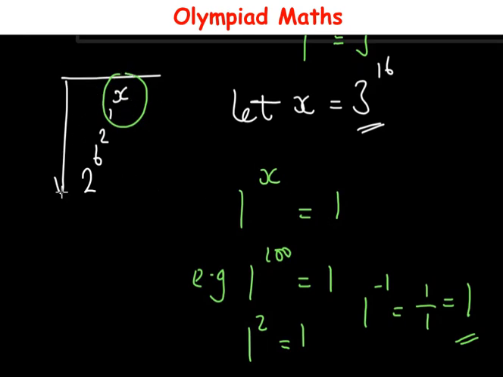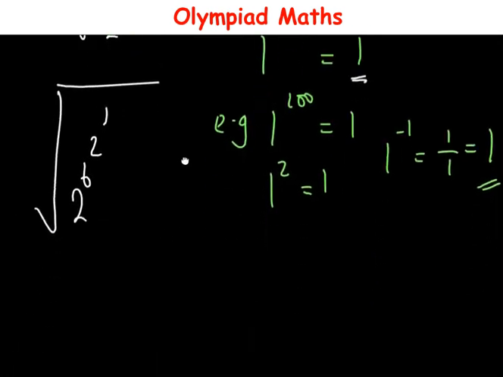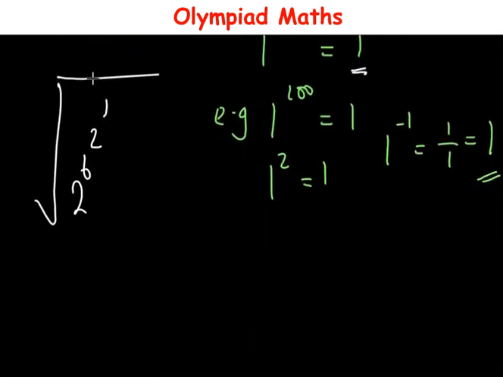So the equation then becomes the square root of 2 raised to power 6, raised to power 2, then 1 raised to power x, the value equal to 1, so raised to power 1. From here, the next thing to do is to simplify the next two powers, 2 raised to power 1.